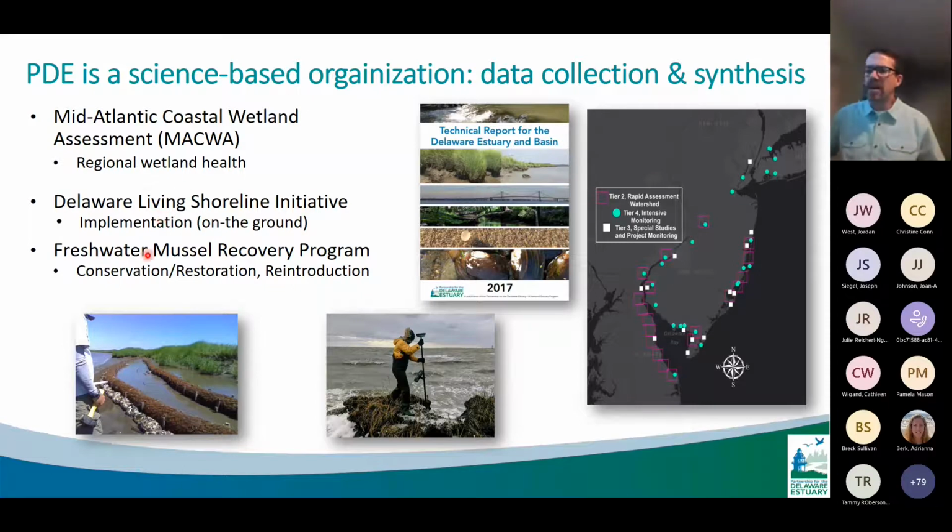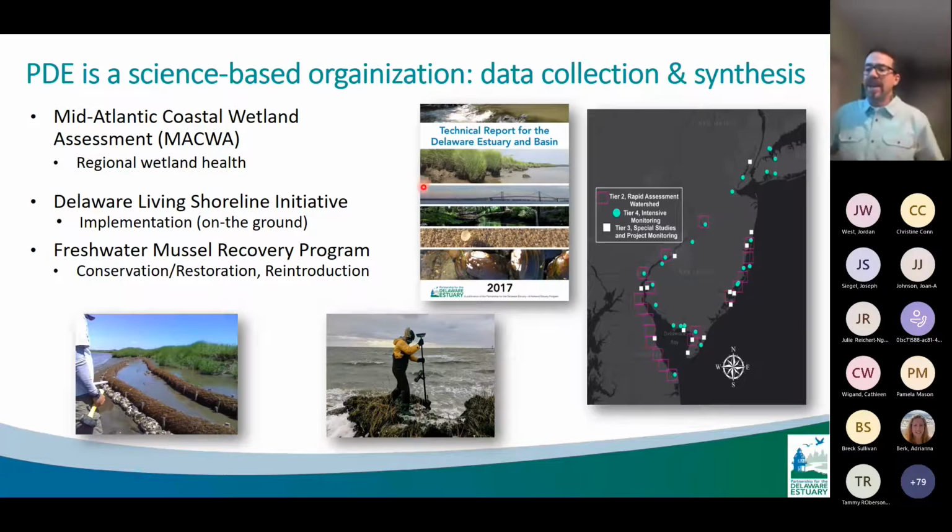Now, a lot of these data are synthesized in a project-specific format or summarized in our technical report for the Delaware Estuary and Basin that comes out every 5 years. And a quick plug that a 2022 version will be coming out this year. And this TREB also includes a lot of the data that many of our partners collect.